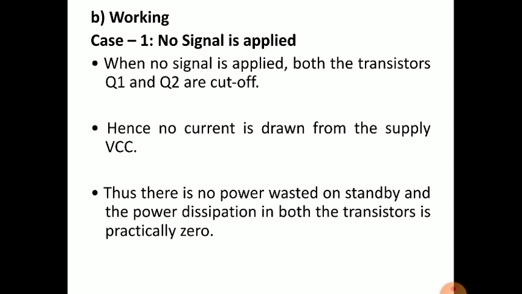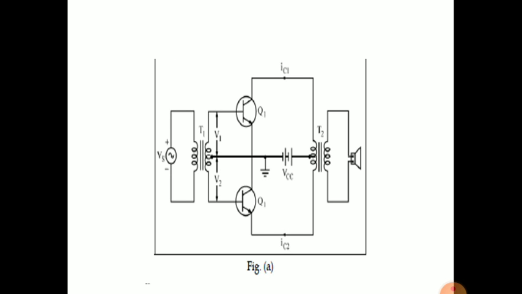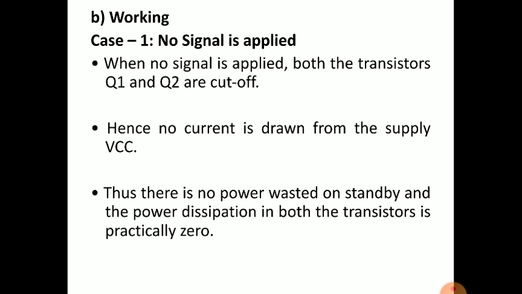Working when no signal is applied, with zero input signal. When no signal is applied, both the transistors are in cutoff, because the transformer's output across the secondary, which is applied to the bases of the transistors Q1 and Q2, is zero.